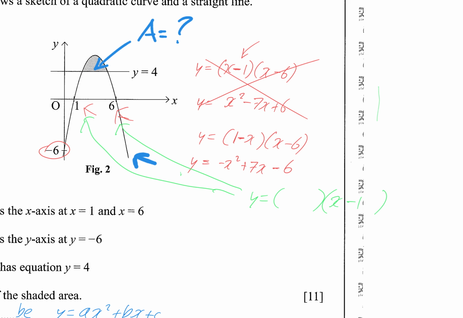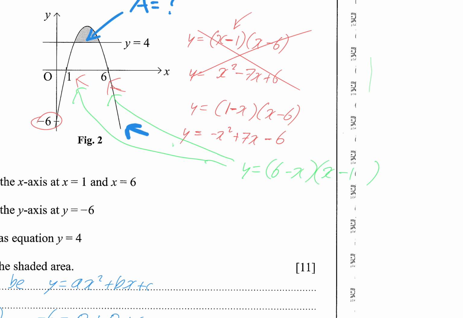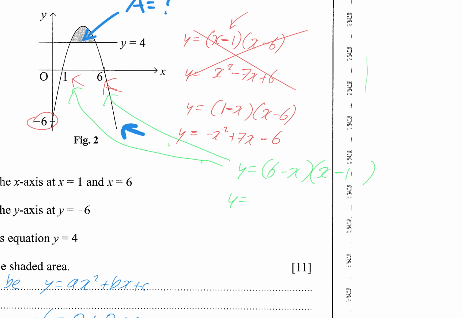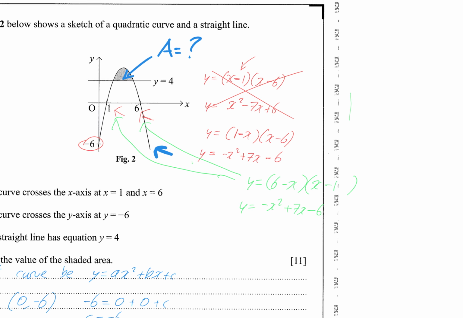So to get the negative x term, instead of x minus 6, I'll switch those around, so it's going to be 6 minus x, and you can see if you multiply it out again, you're going to get minus x squared plus 7x minus 6. So there's 3 ways of doing it, and definitely the last 2 ways are the quickest ways of doing it, just to get the curve.